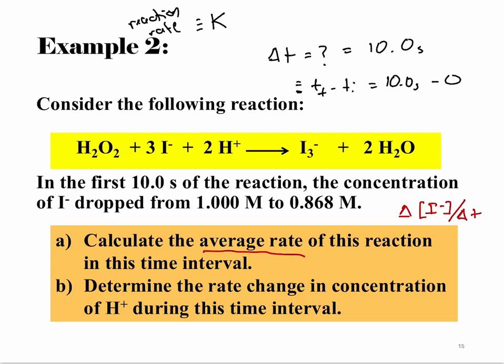Reaction rate was equal to plus or minus, depending on the product or reactant, and then 1 over the coefficient, and there's no real good way to write this expression, times the change in concentration over the change in time, right? So that's what you'll be using for the first part here. You need to calculate this reaction rate.